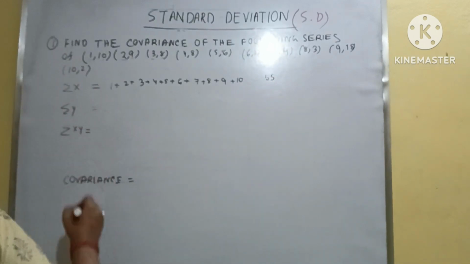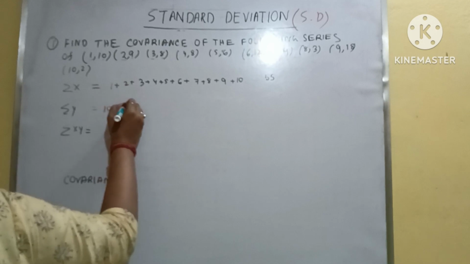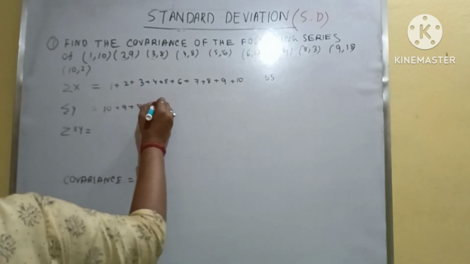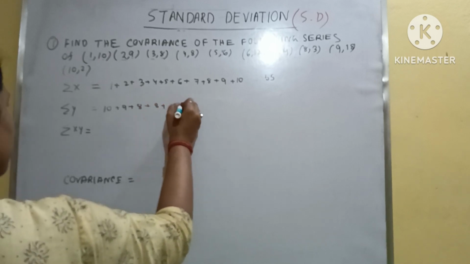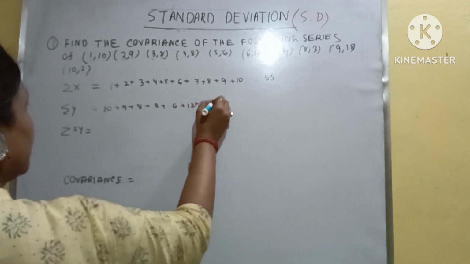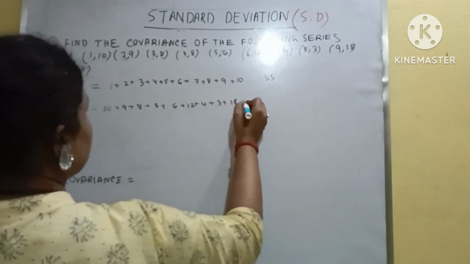Next, summation of y values: 10 plus 9 plus 8 plus 8 plus 6 plus 12 plus 4 plus 3 plus 18, and then plus 2.